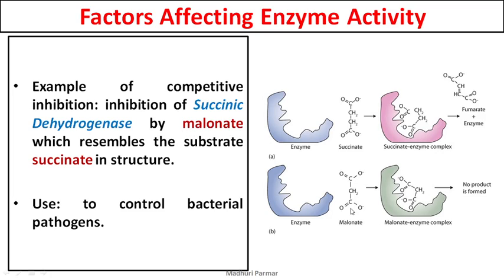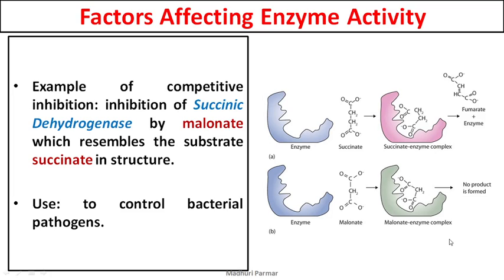Here is malonate. As you can see, it is very similar to succinate, right? So if malonate binds to the enzyme, it will not allow the enzyme to function. There will be no product formed, and the enzyme will be inhibited because now succinate cannot come and bind to this place. Clear? So this kind of inhibition is competitive inhibition.